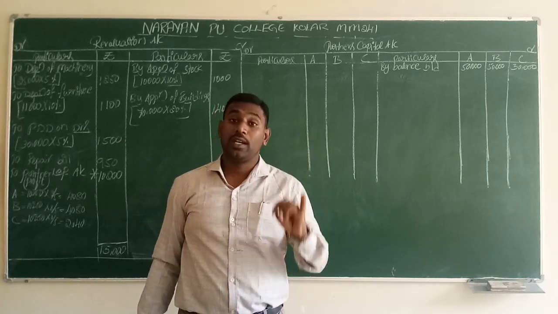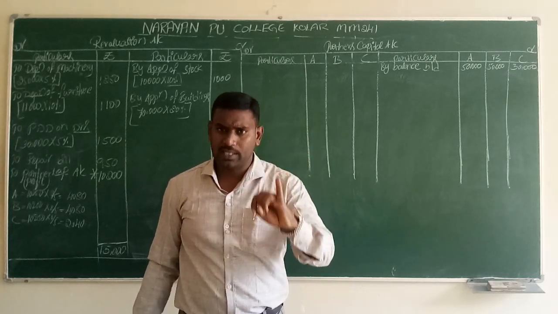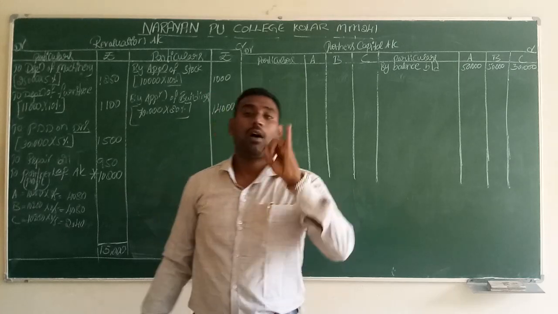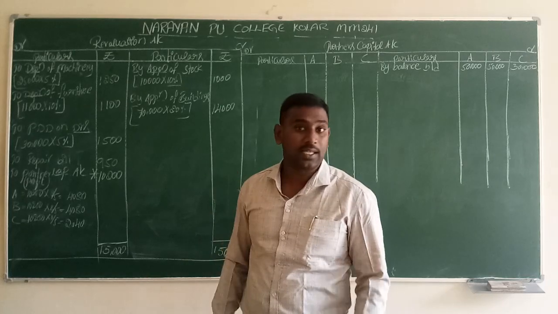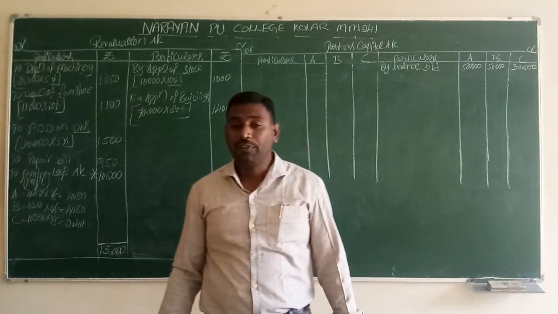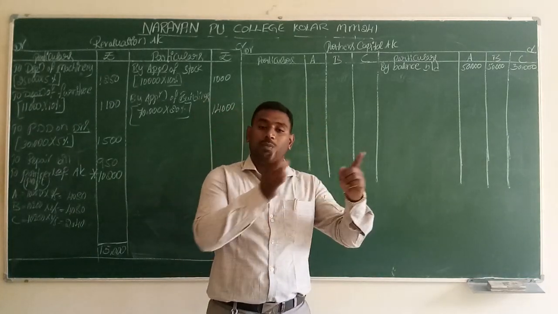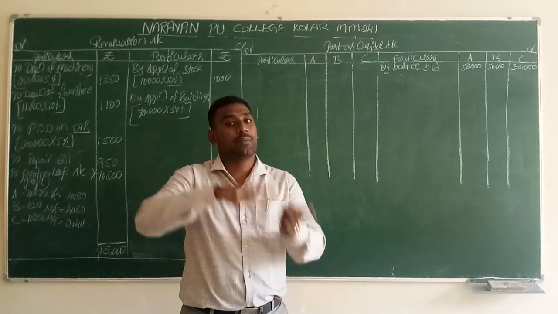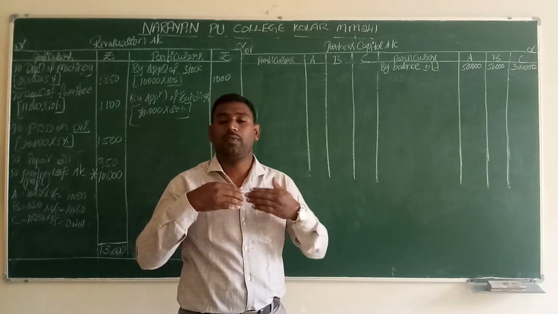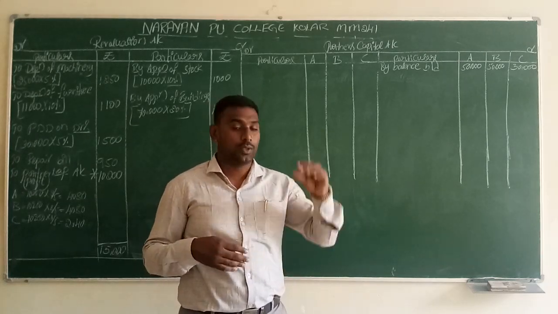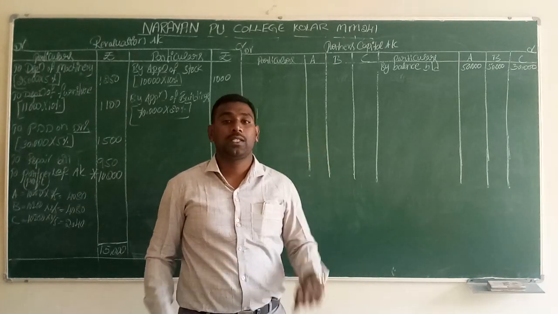General reserve and reserve fund are always located on the liability side, the left hand side, but profit and loss account can be on either side. Based on that situation, we have to adjust accordingly.